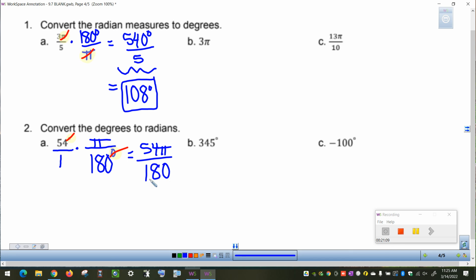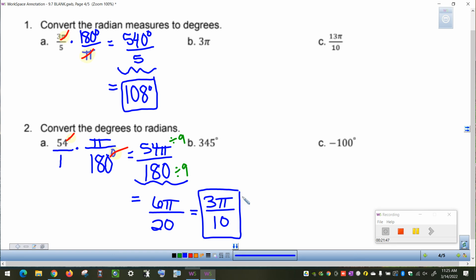Now, we actually want to try to simplify the fraction down if we are able to. And you might have to do this a few times until you get the numbers down as far as they can go. At the start, they're both even numbers, so you could divide the top and bottom by 2. What's sticking out to me is that these are both multiples of 9. So I'm going to divide the top and bottom both by 9, and then I'm noticing, oh hey, they're still even numbers again, so I'm going to go ahead and divide the top and bottom by 2.